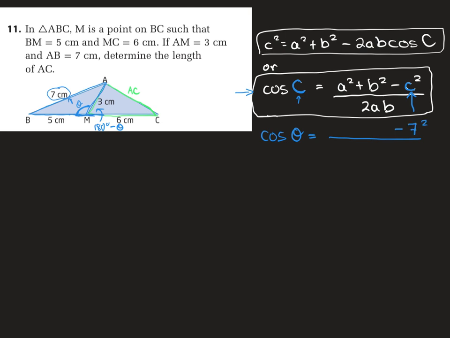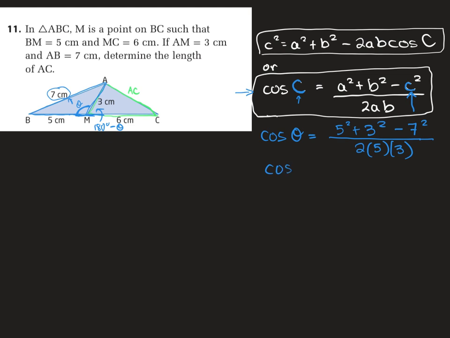It has to be the side across from that angle. The other two sides, A and B, we don't care. They're the other two sides, 5 and 3. So 5 squared plus 3 squared. You could put 3 squared plus 5 squared, doesn't matter. And then 2 times 5 times 3 on the bottom. And then we throw that in the calculator.